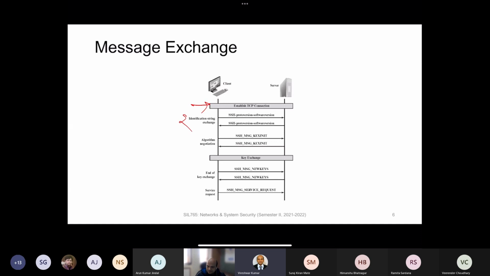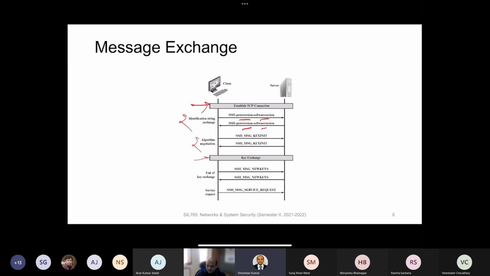We have talked about the handshake: agreement on what type of crypto suite or crypto algorithms will be utilized in this connection. So the SSH protocol version and software version are exchanged, very similar to what happens in TLS. Once the algorithm negotiation is completed, the client and the server go ahead and do a key exchange.